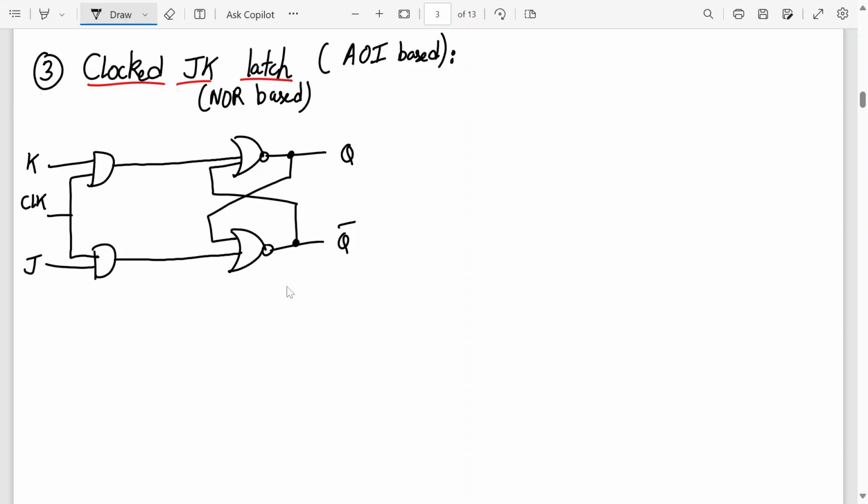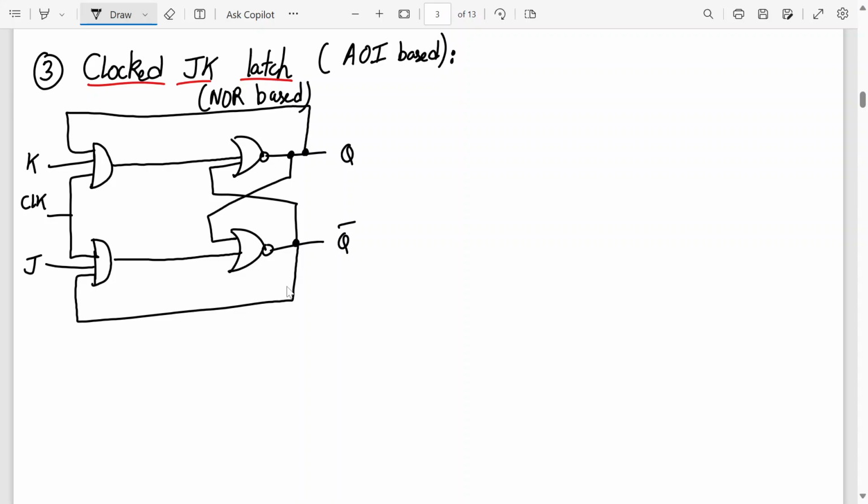Is this proper? Tell me. No, we have three inputs. So one input from here is going to the output directly. Remember? This is the JK flip-flop circuit.